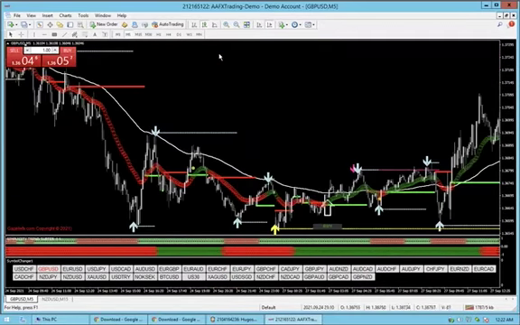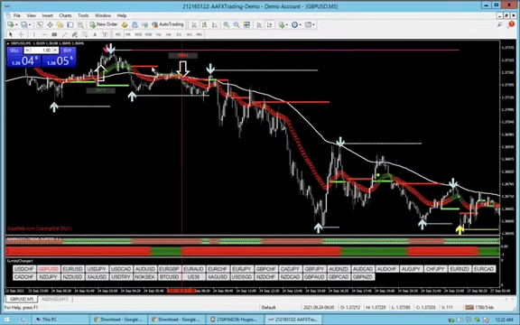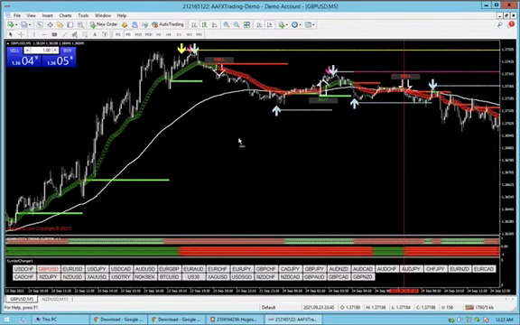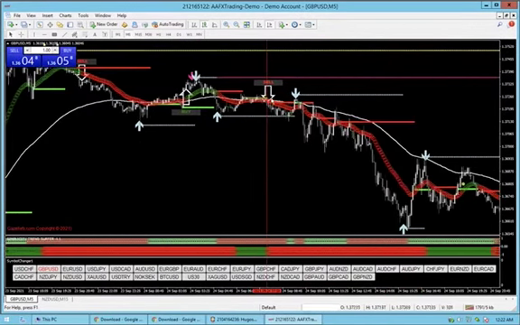I don't see the arrows per se, but hold on, let me scoot back. I don't see the arrow right here, but I can see this yellow line, meaning that the hour is still in control from a bearish perspective.